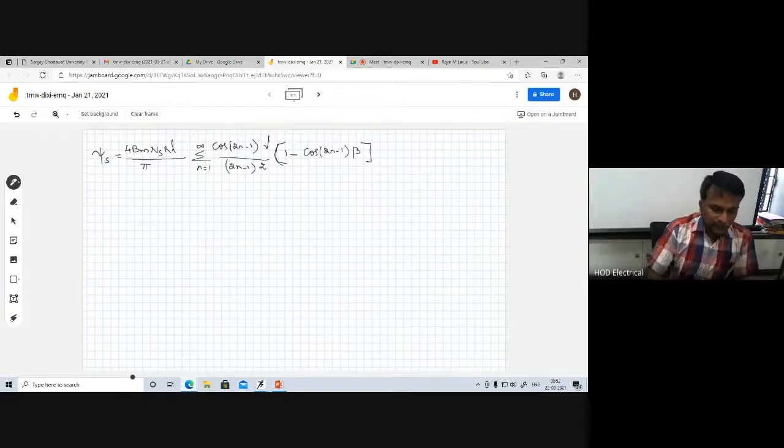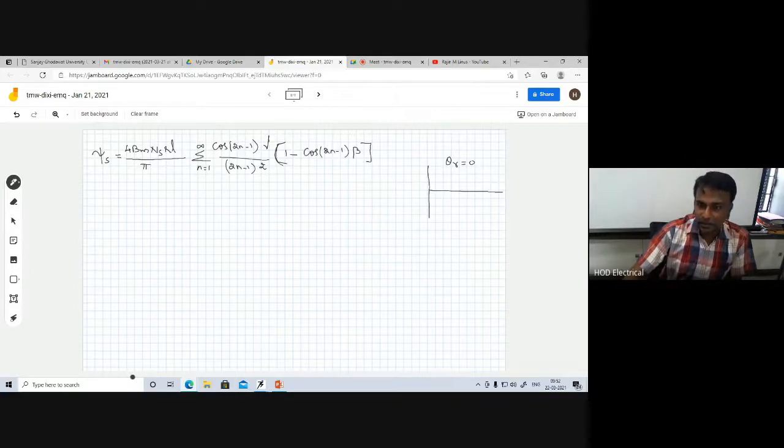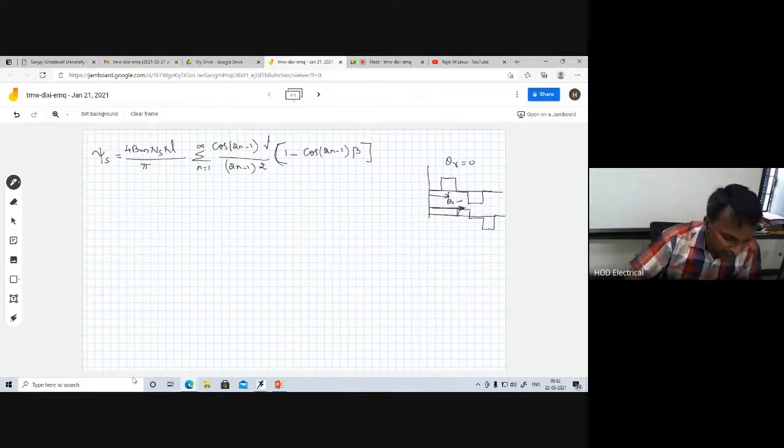Now the flux density is not as in the previous cases. Theta r will start from 0. If the rotor angle theta r is increasing, this waveform will shift. If theta r equals 0, it starts from here; if theta r increases, for example to 90 degrees, the waveform is shifted by theta.